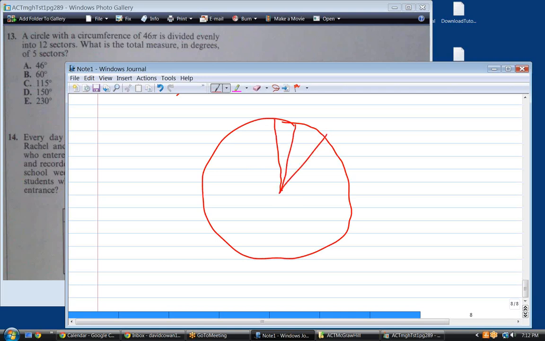So I got 12 of these. What's the degree measure of 5 of them combined? So wouldn't it be like 360 divided by 5? Very good.